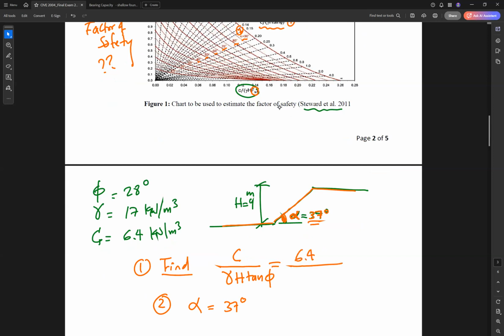How much gamma? 17. How much H? 9. How much tan phi? tan 28. Okay. So from here you can find the value of this formula, which is 17 times 9 times tan 28.